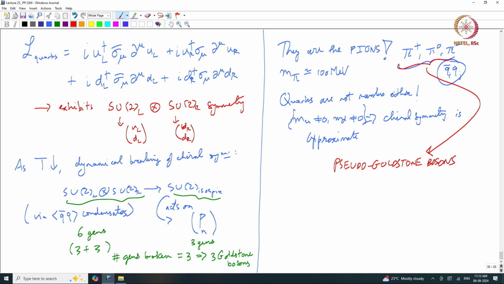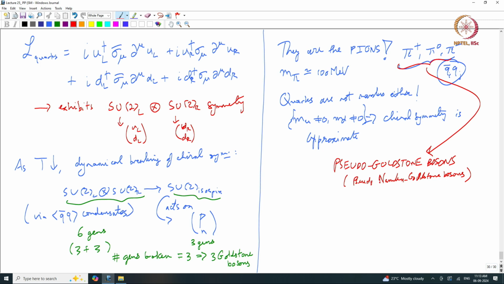If I had sent the quark masses to exactly 0, the pions would have been exactly massless, but since they are only approximately 0, the pion mass is also only approximately 0. Okay, that is why the pion gets a small mass. So, this is sometimes called pseudo Nambu Goldstone boson, because Nambu was also involved in treating these concepts in addition to Goldstone.